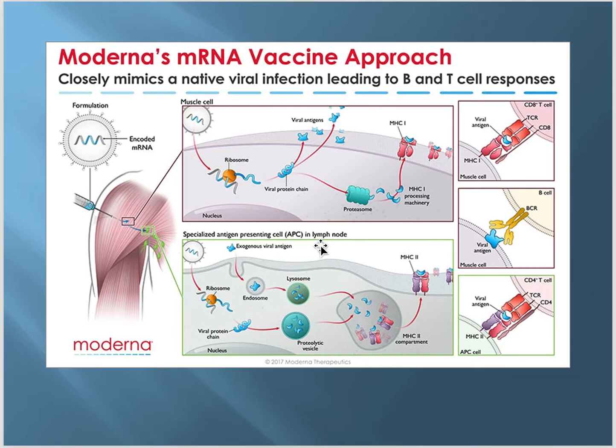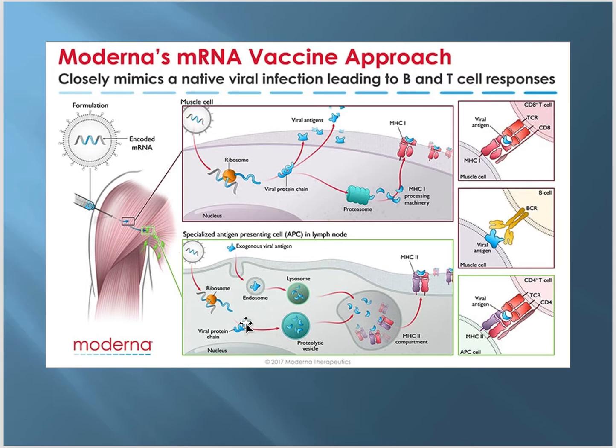So the APC cell will take both the messenger RNA, that is the vaccine, and also this exogenous viral antigen. Once the messenger RNA is inside the cell, the ribosome will produce viral protein from those messenger RNA.